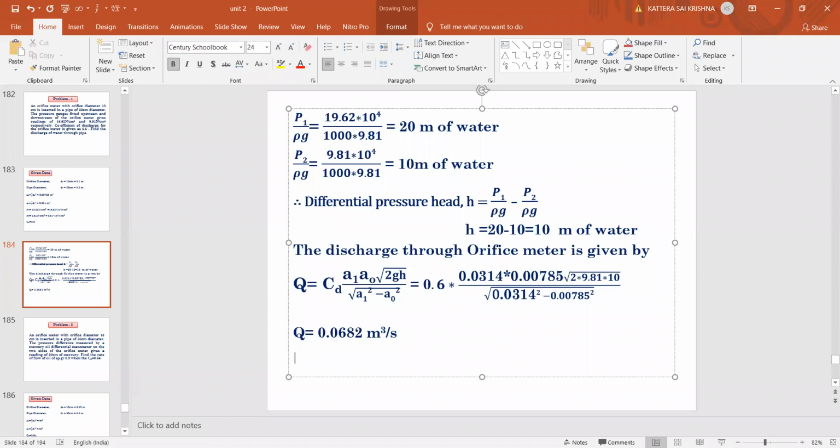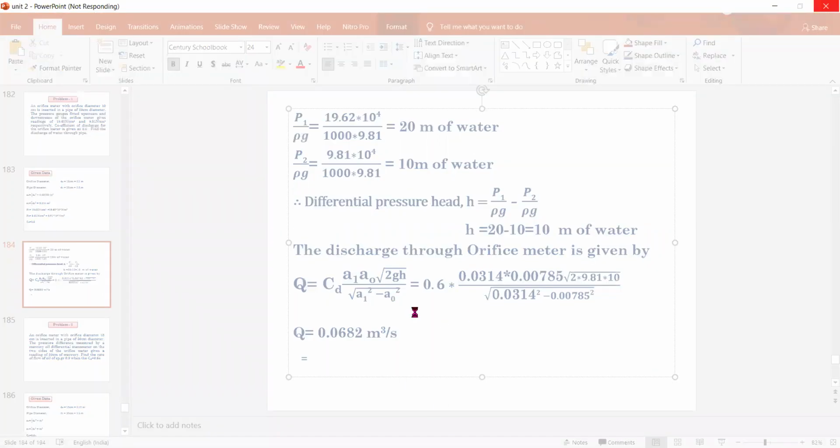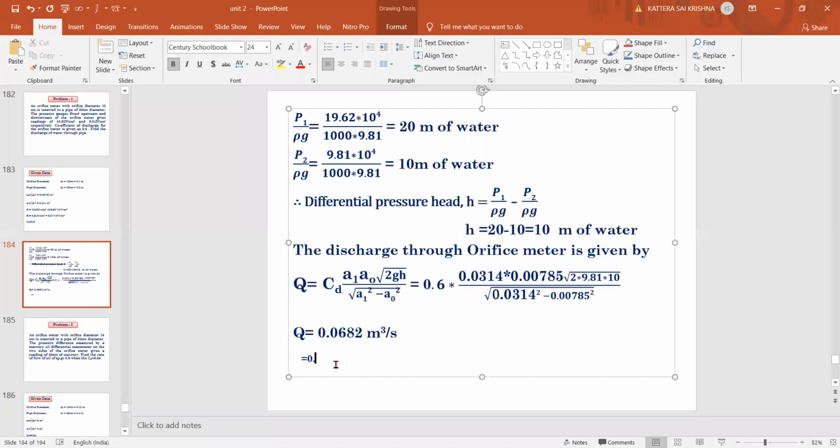We know 1 meter cube is equal to 1000 liters, so we need to multiply this term by 1000. 0.0682 into 1000 gives 68.2 liters per second.